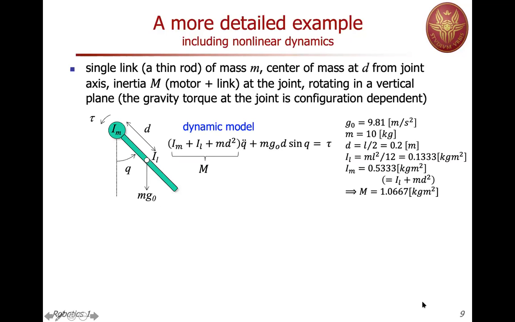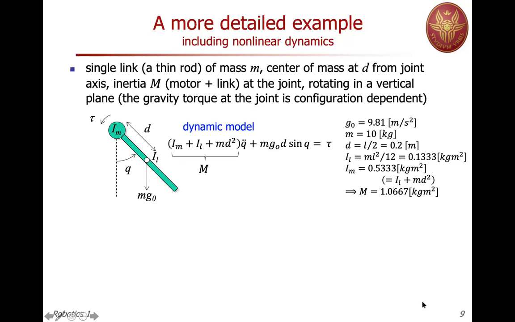Because even if I'm not applying torque, under the action of gravity, this pendulum will fall down, will oscillate, and then will probably stop. There's no friction model here, but there's always some friction in the devices. So after a while, the oscillation will vanish.